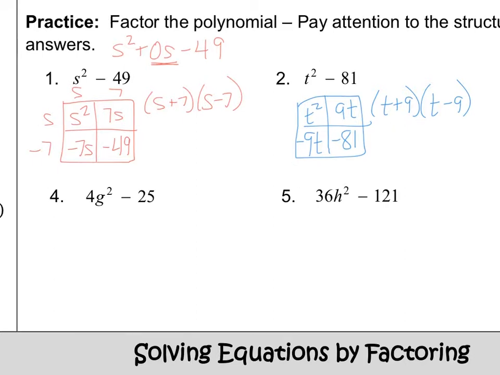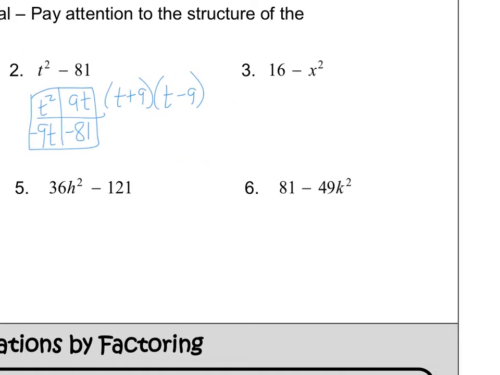Let's do number 3 and see if the pattern you've come up with holds true. Okay, so I've got a perfect square minus a perfect square. I'm going to put my 16 here, my x squared here. The square root of 16 would be 4 times 4.